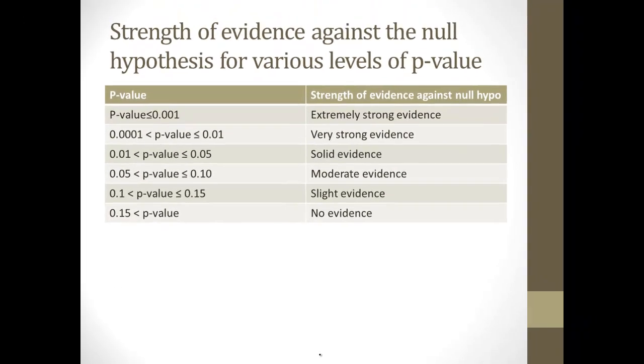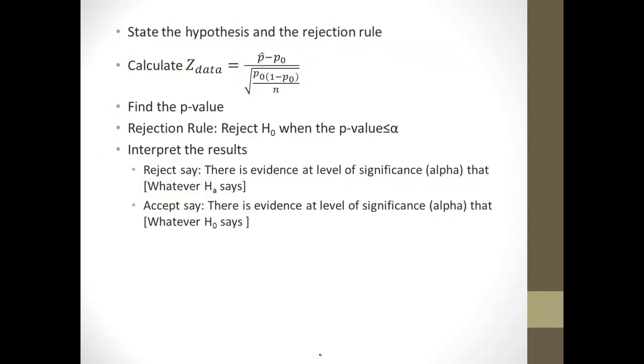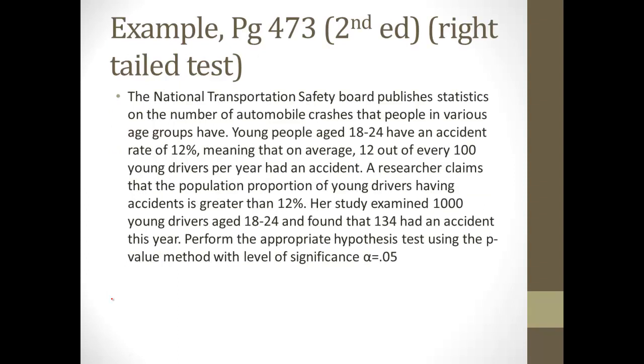Strengths are all the same, okay? We can gauge how strong our evidence is the same way as when we're looking at mu and when we're looking at our p-value, our p. Our z data is the same as the critical value method for our p. So let's look at an example.